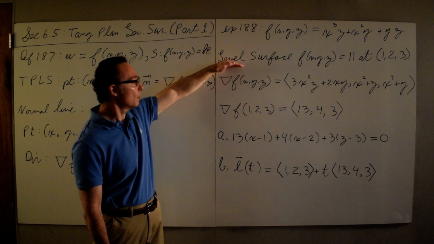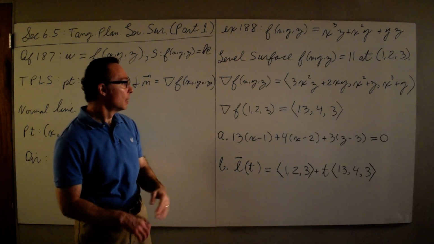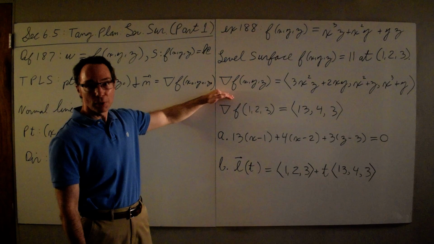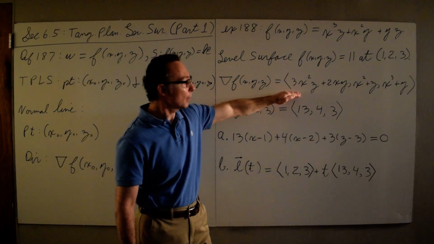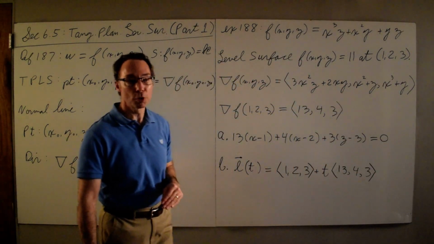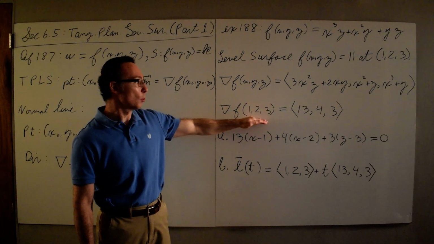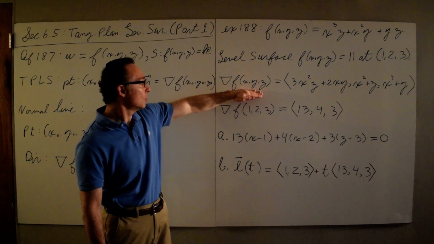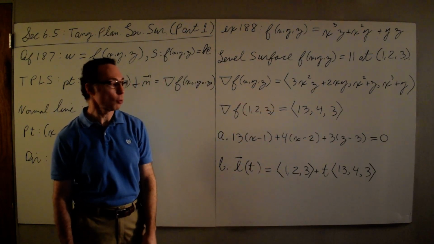The surface is three-dimensional. What do we need for both parts of this? Well, we need the gradient. So we calculate the gradient of the function. We have the partial derivative with respect to x, partial derivative with respect to y, partial derivative with respect to z. We want the gradient of f at the point 1, 2, 3. So we simply substitute 1, 2, 3 here, and we get the vector 13, 4, 3.